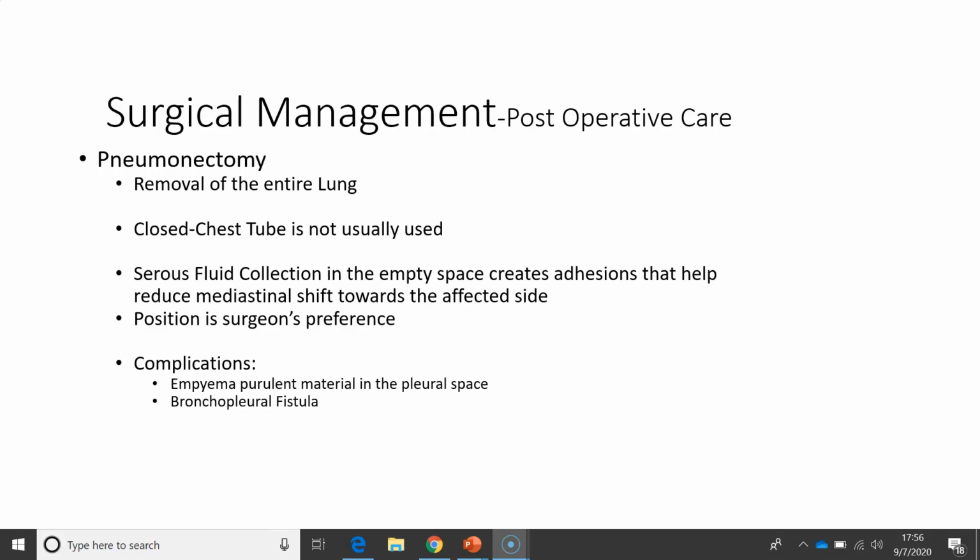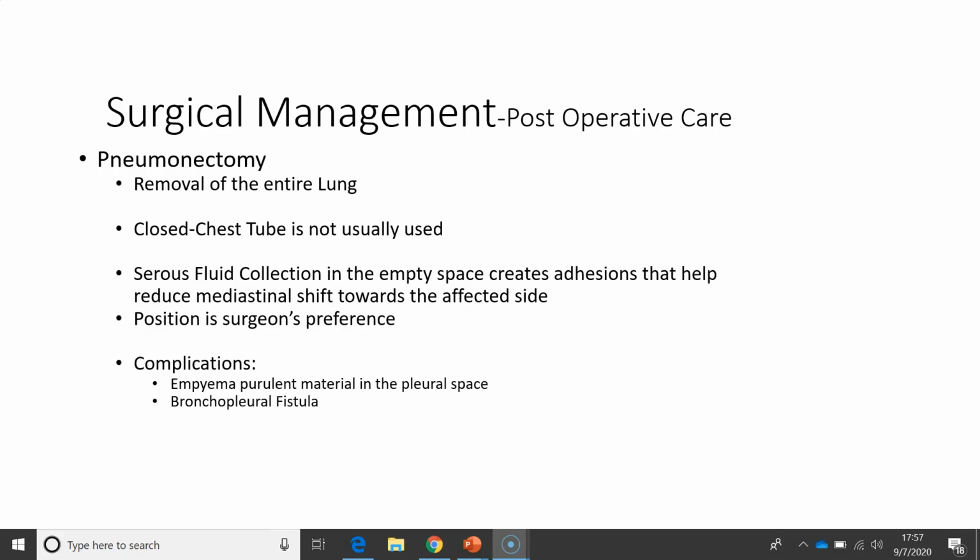Serous fluid collection in the empty space creates adhesions that actually help to reduce mediastinal shifting towards the affected side. Because if you think about it, you now have an entire side of your thoracic cavity that has nothing in it. And so these adhesions actually help to prevent mediastinal shifts of the heart and the other lung into the opposite side.